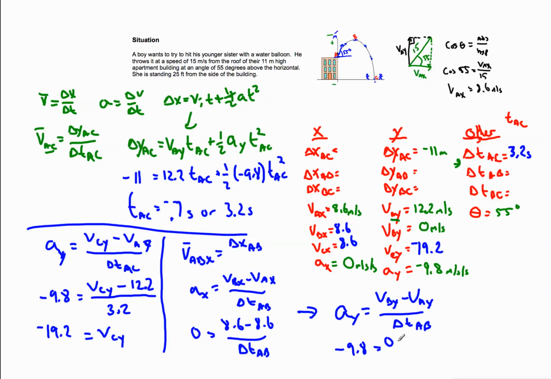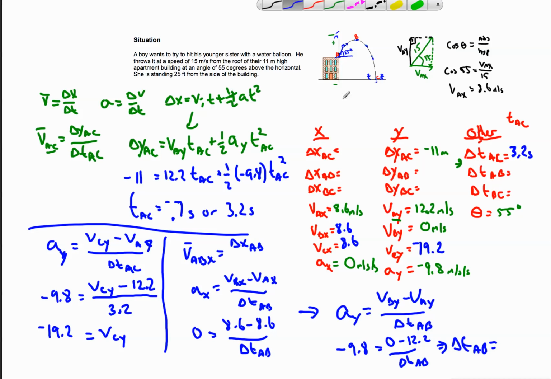This is 0 minus 12.2 over time from A to B. And if you solve this, you should get delta t from A to B equaling 1.244 seconds.